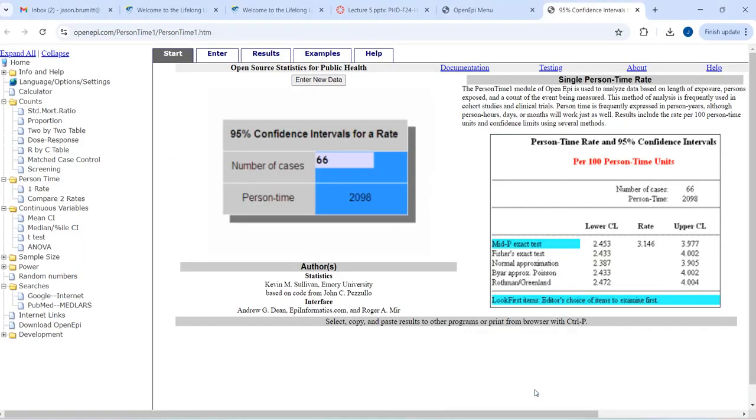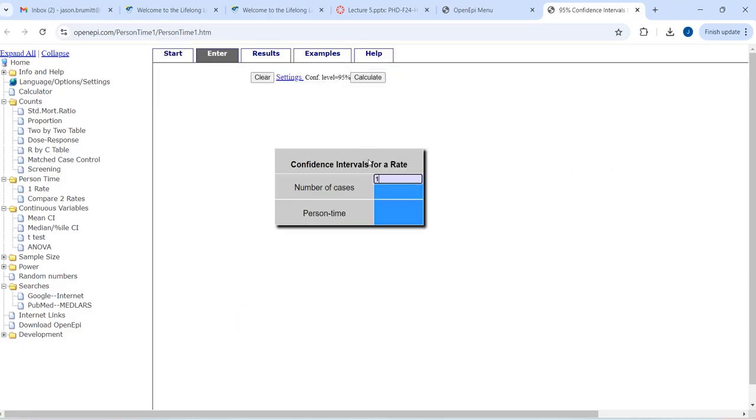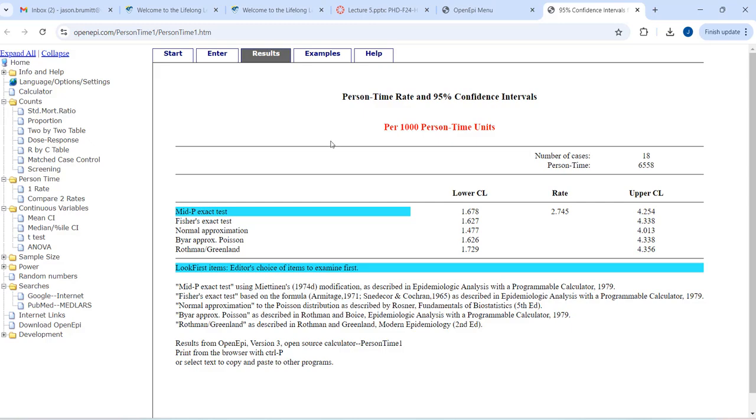So let's come back to here, enter new data, 18 and 6558. Then we'll come up here and calculate. And OpenEpi will do the calculation for us.